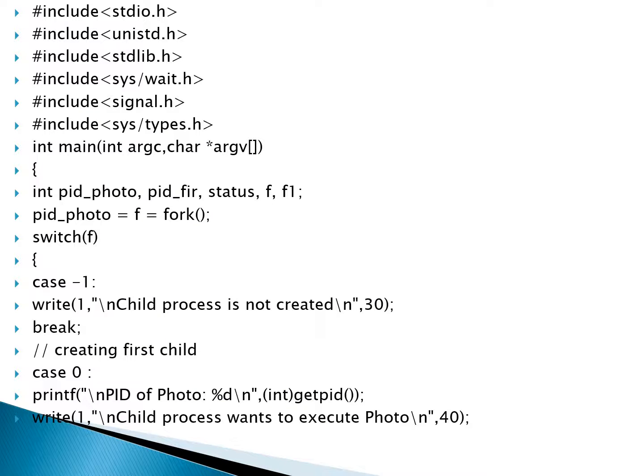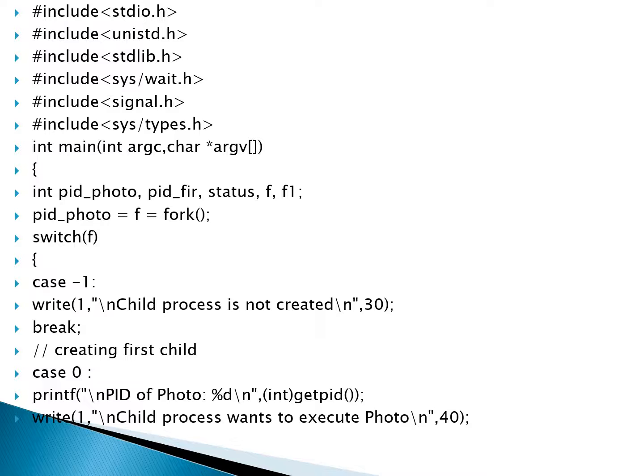So first we have to declare all the header files and the main function. Inside the main function we've used two variables, where one is an integer data type and another is a pointer, and then we have given variables for the pathway of the photo and the Firefox, and then we made use of fork.